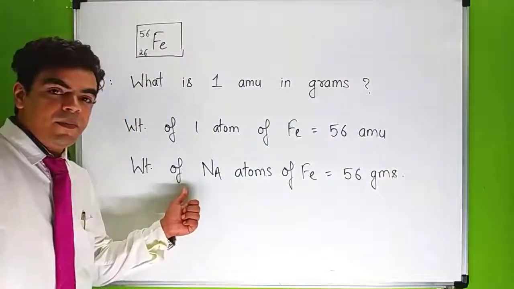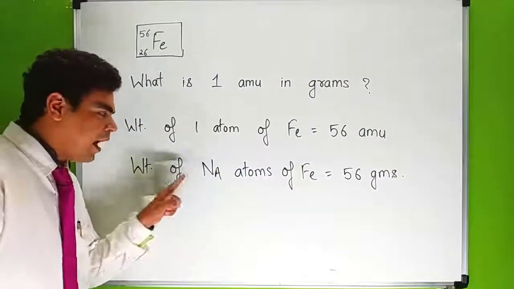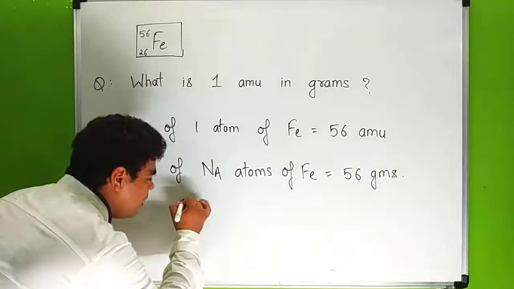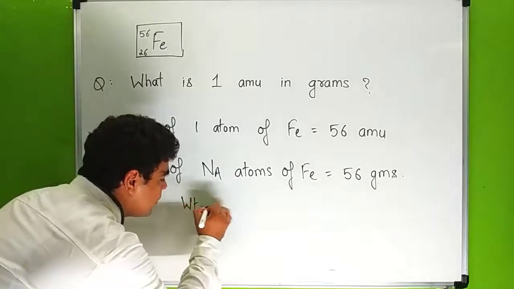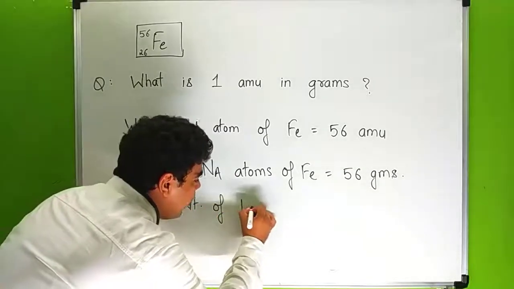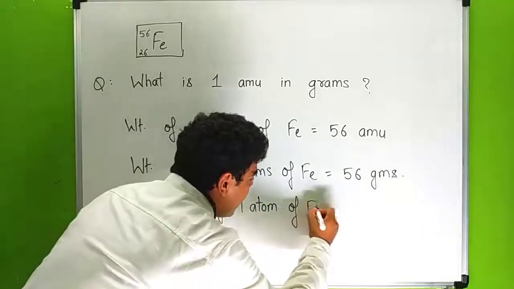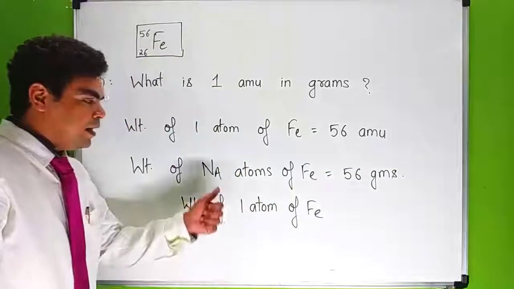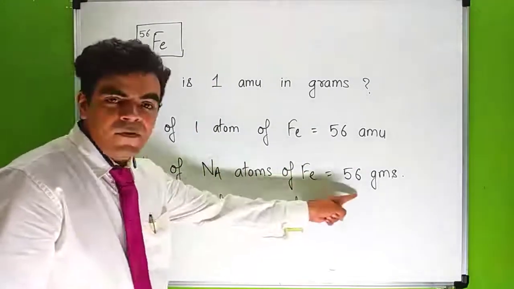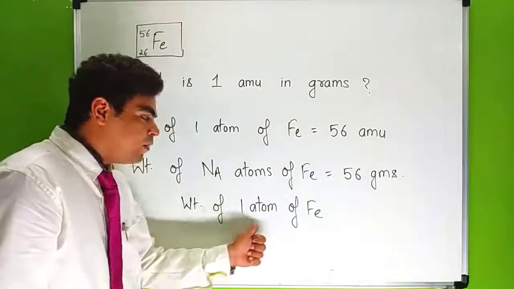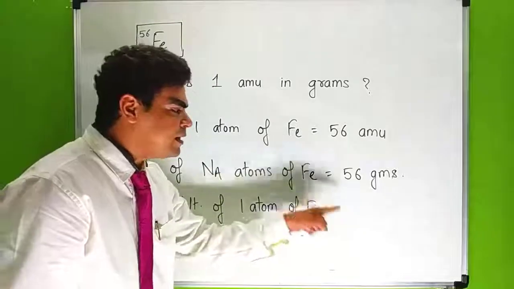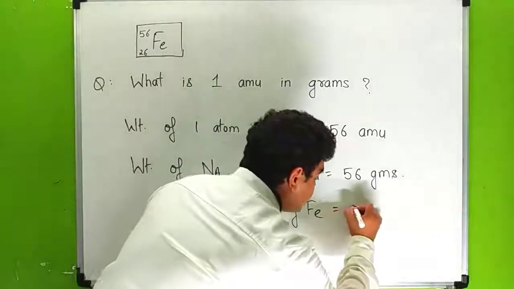Using this second statement, I can write the weight of one atom of iron as, see, Na atoms weigh 56 grams. So weight of one atom will be 56 upon Na grams.